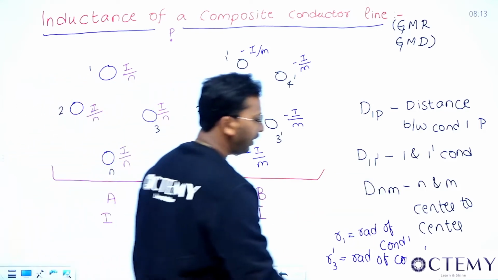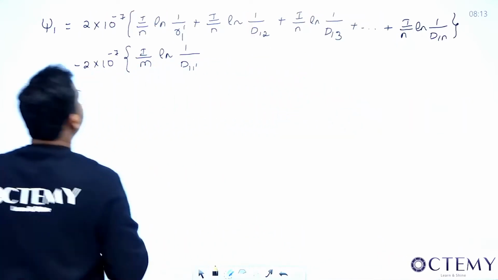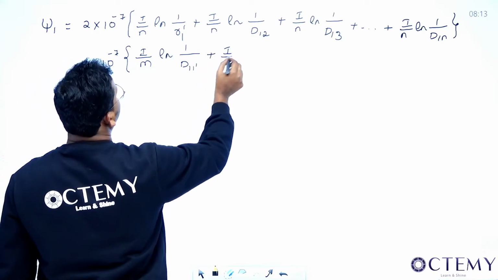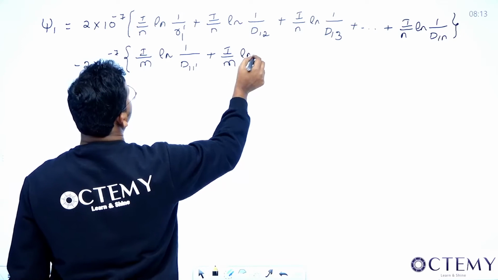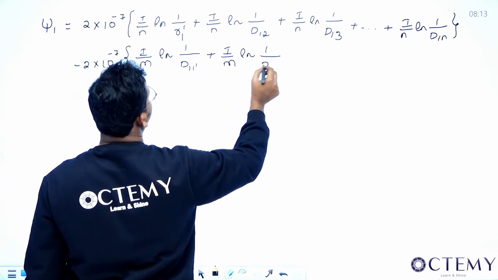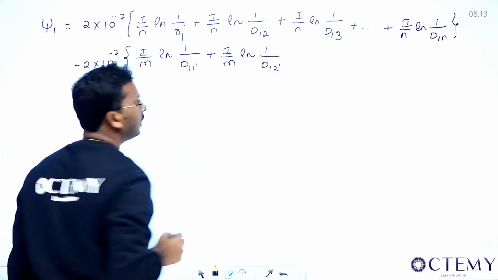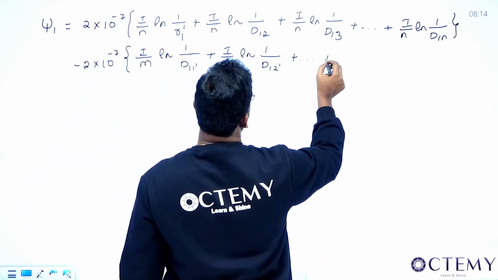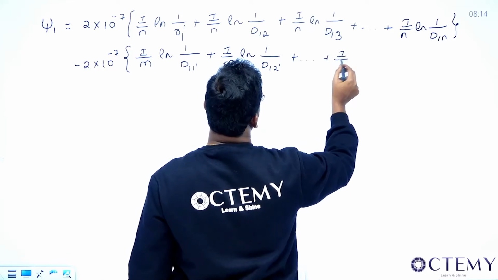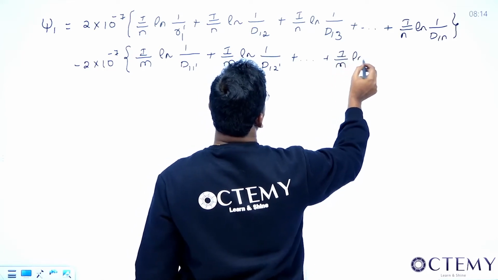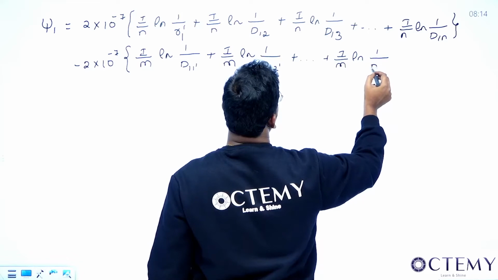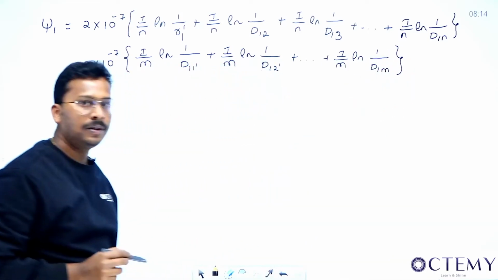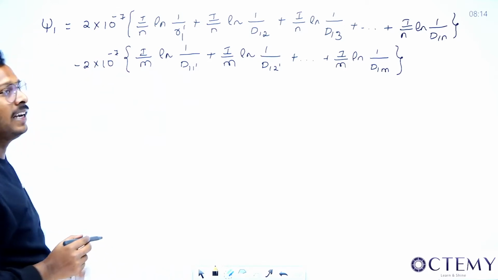See sir, how am I writing that? Plus I by M into ln 1 by the distance between the first conductor and 2 dash conductor. Similarly, and so on. The last conductor is also having current of I by M into ln 1 by d1m, because that's the last conductor. Right? This is the total flux linkage phi.